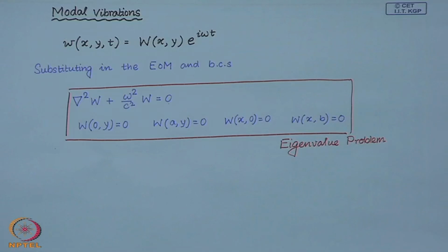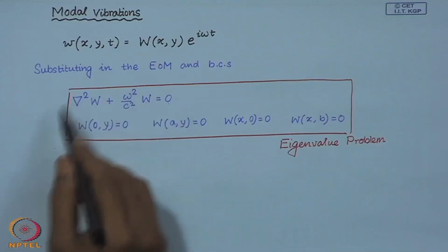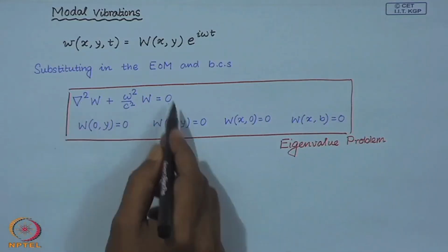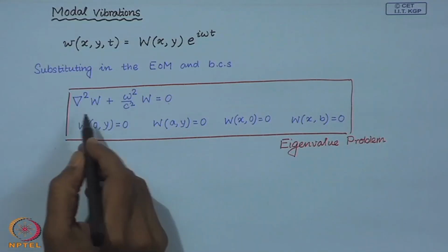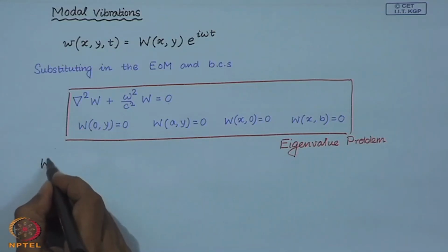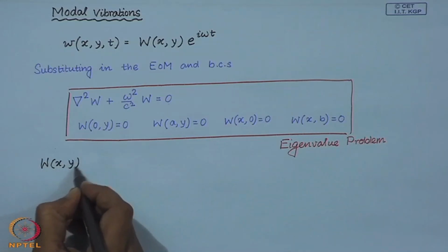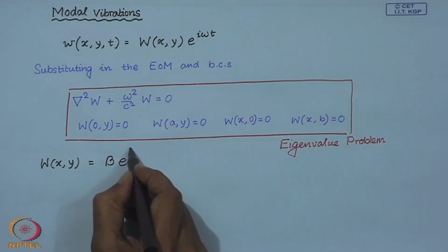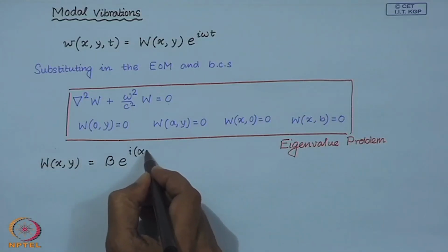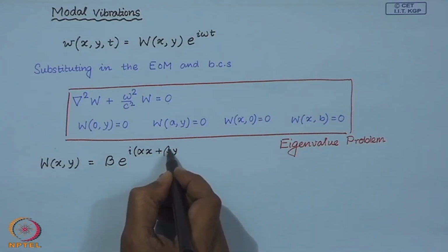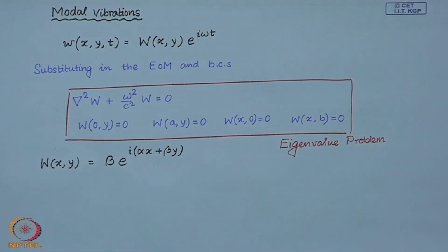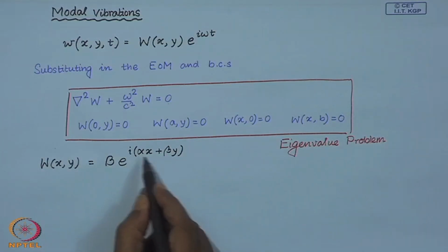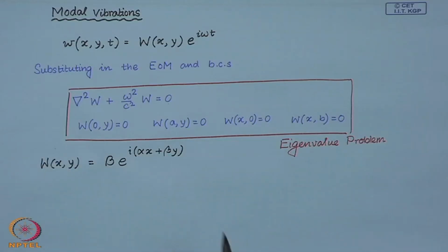So, in order to solve this, let us consider the solution of this differential equation of the eigenvalue problem as some constant times exponential i times alpha x plus beta y, where alpha and beta are as yet unknown constants.